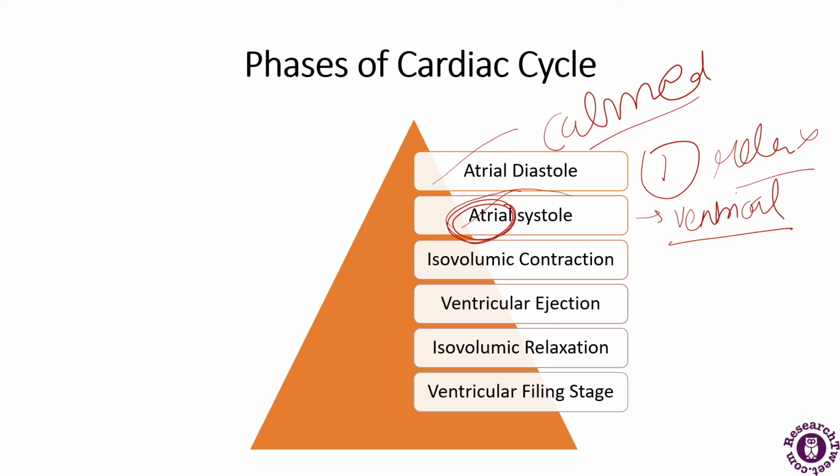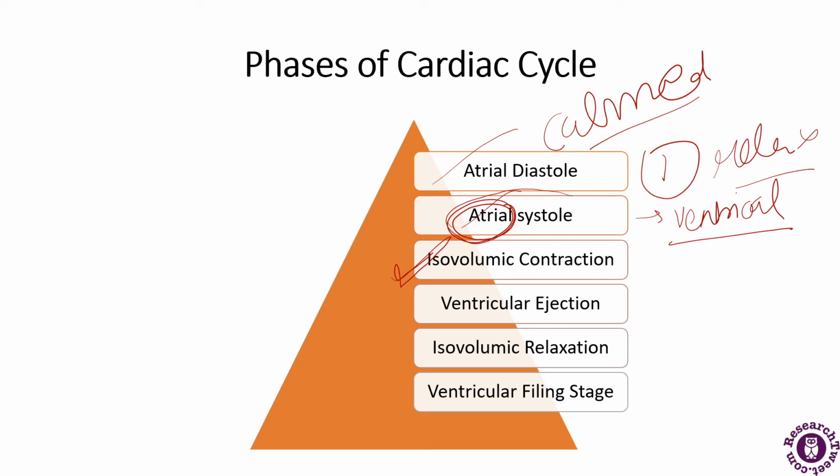Next is isovolumic contraction. At this stage, the ventricles begin to contract, and the atrioventricular valves and pulmonary artery valves close, but there won't be any change in the volume.